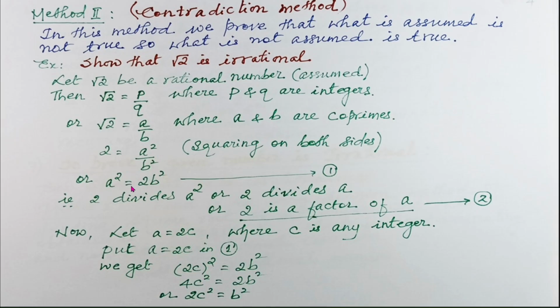Now, because 2 is a factor of a, I can take a as 2c, where c is an integer. By placing a as 2c we get 2c whole square is equal to 2b square, 4c square is equal to 2b square, or 2c square is equal to b square.